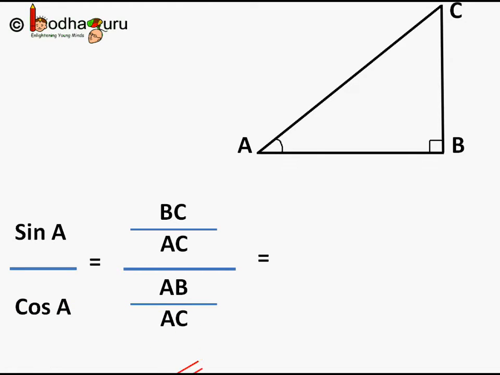On the right side, AC gets cancelled, and we are left with BC by AB, that is opposite side by adjacent side, which is nothing but tan of A. So we can say sine A by cos A is equal to tan A. So given the value of sine A and cosine A, we can find tan A very easily by just dividing sine A by cosine of A.